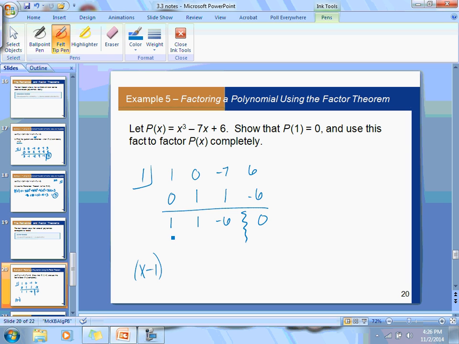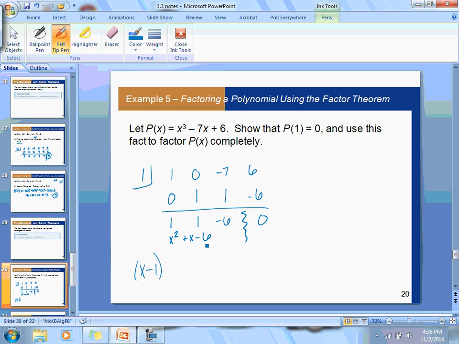So my answer that I got here, let's see, I started with x to the third, so this is really x squared plus x minus 6. So that's my trinomial that I get when I divide my original polynomial by the x minus 1. But this is factorable, okay? It says factor completely. So now I have to do guess and check.